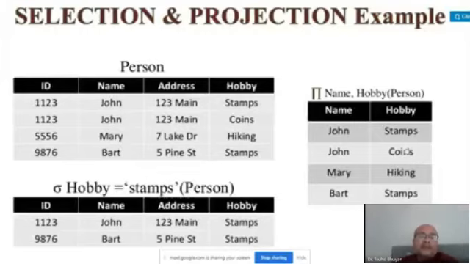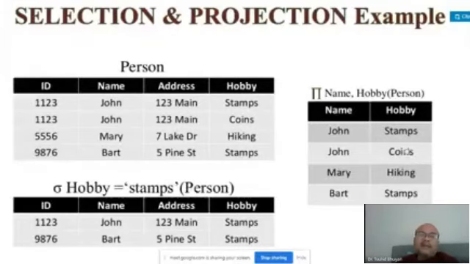That means there are two people who collect stamps. The first stamp collector's name is John and the last stamp collector's name is Bird.